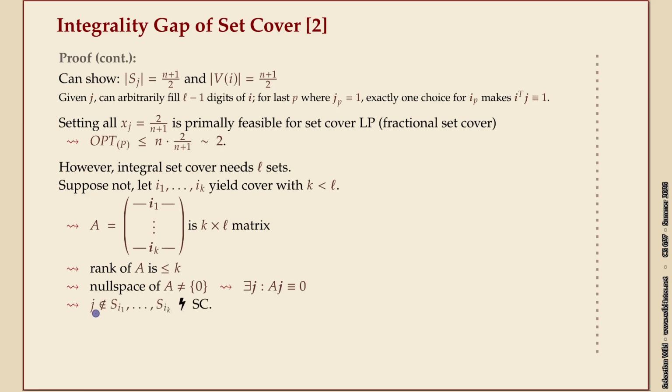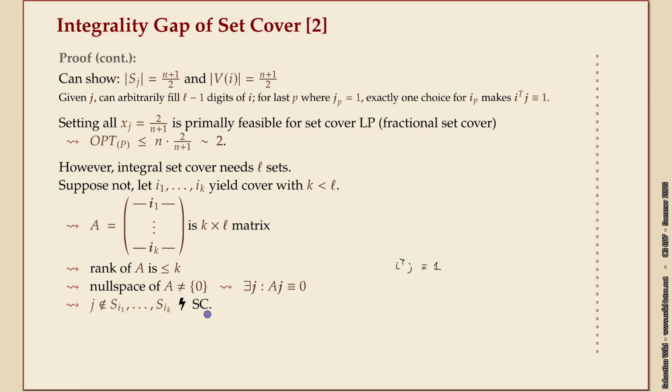Now that means that J, if you look at what this matrix-vector product is doing, multiplies vector J with each of these i's and takes the scalar product, and the outcome is supposed to be 0. That means for each of those I1 up to ik, J is not part of the set because they were defined to exactly be the ones where this scalar product is 1. And so J is not covered.